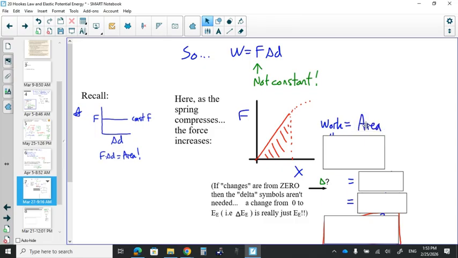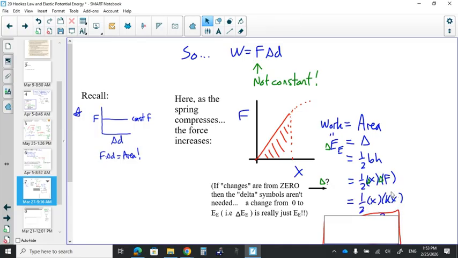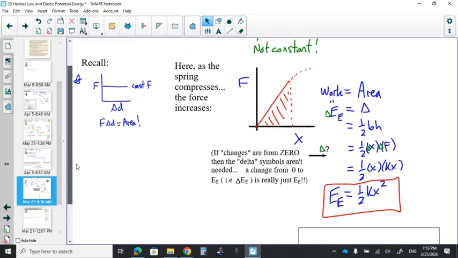So we have 1/2 of the base times the height, 1/2 of the amount of compression times the force required to do that. Anyway, that quickly becomes 1/2 kx squared, which is a really nice result.